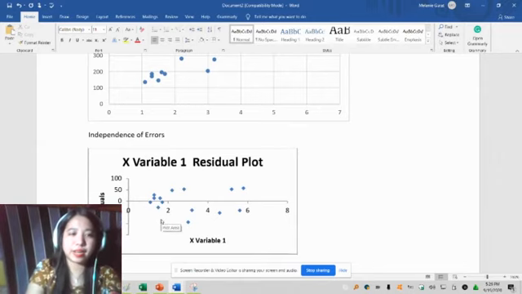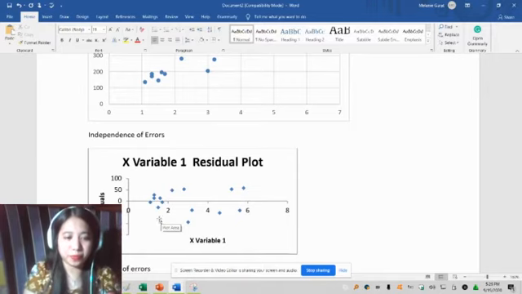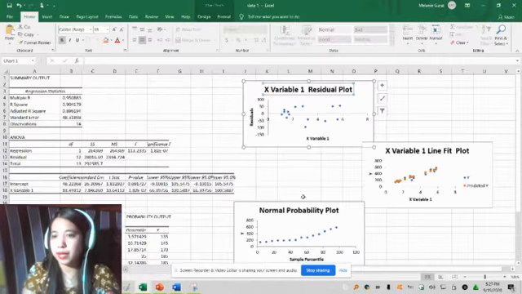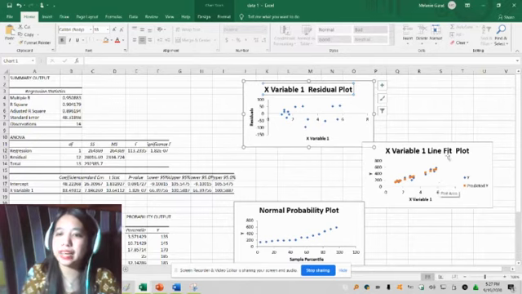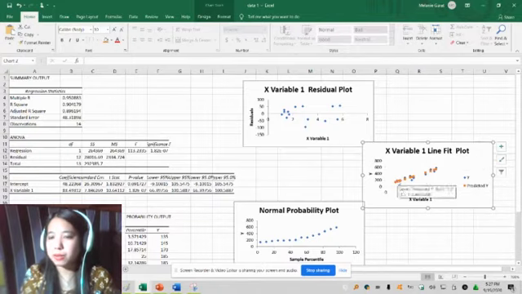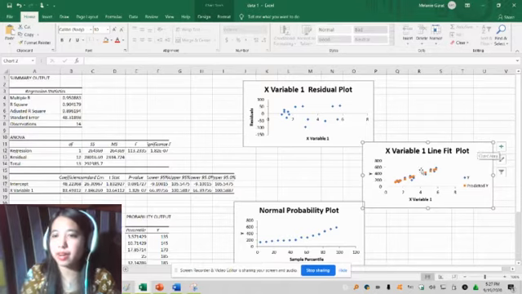Next, letter N is normality of errors. We have here the X variable line fit plot. If our points, or the predicted values, follow the line of our Y, as you can see here, it's very near it.